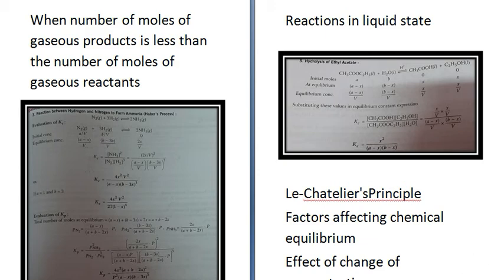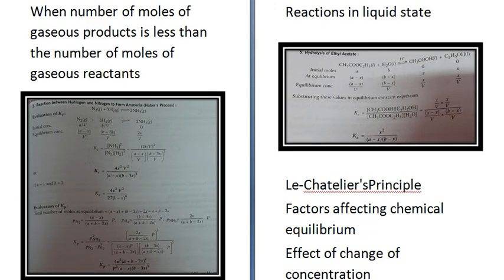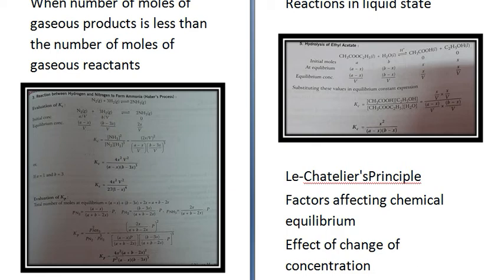So this value of Kp becomes equal to 4x square into (a plus b minus 2x) whole square divided by P square into (a minus x) into (b minus 3x) whole cube.